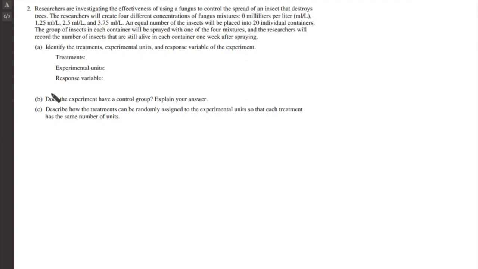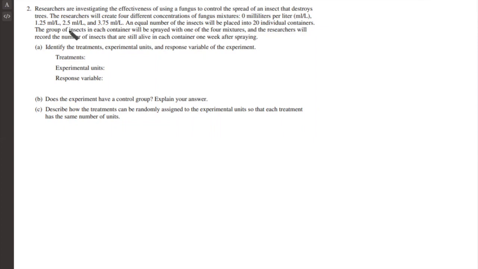So anyone know what experimental units really are? That would be basically the subjects of the experiment. So here, what would the subjects be?